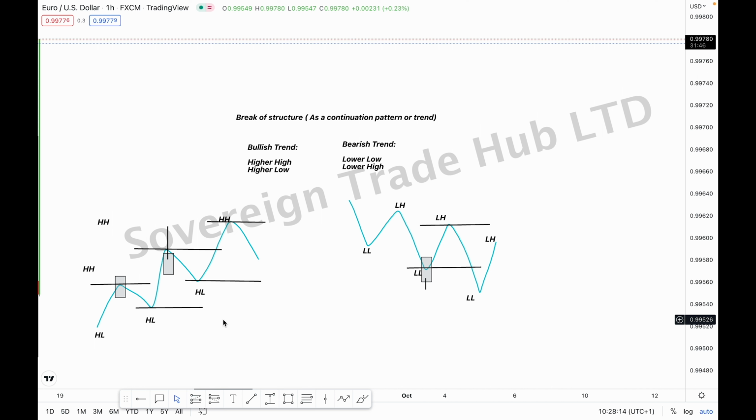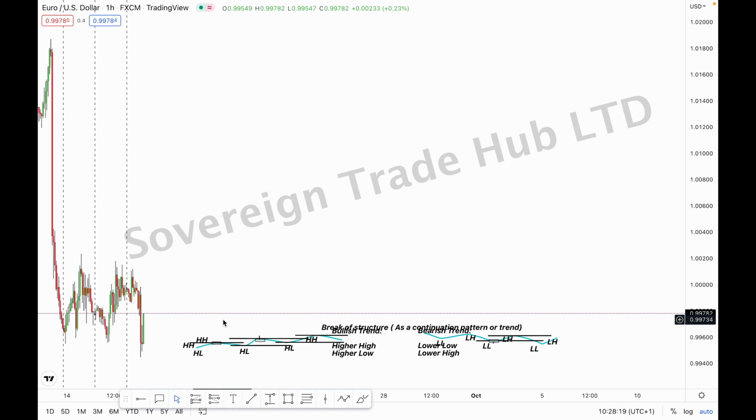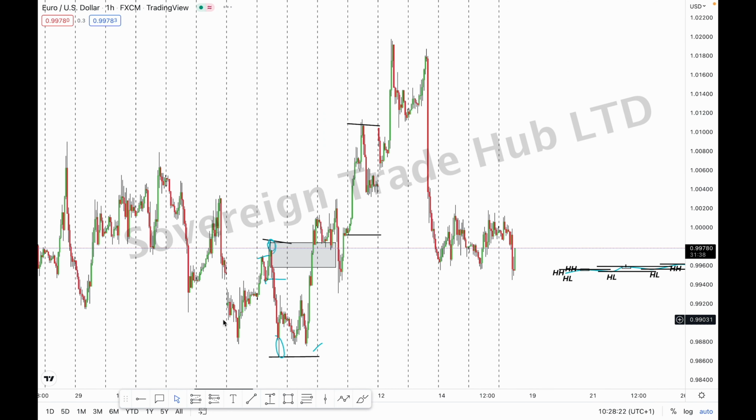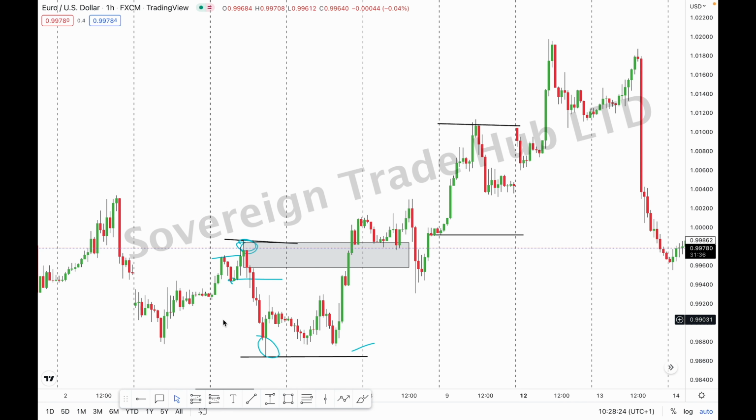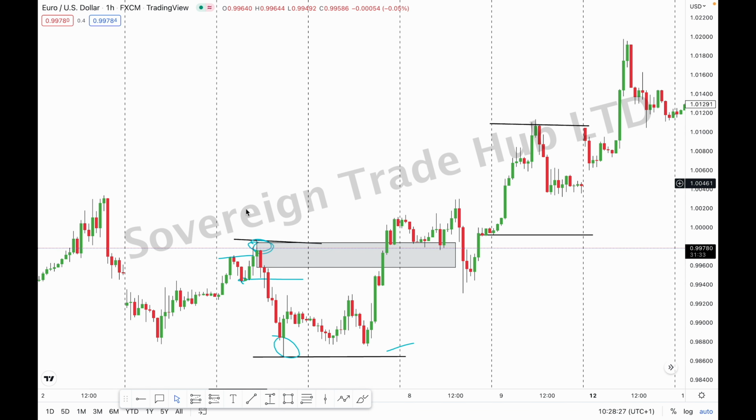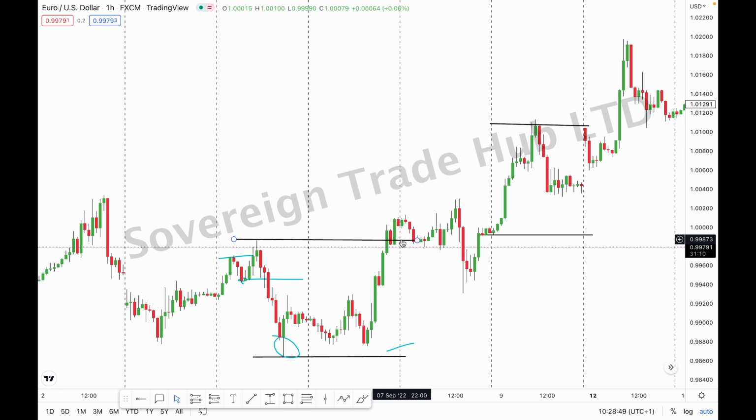So that being said, let's quickly look at the chart. I want this very concept I'm explaining in this module to be as short as possible. Now, looking at this chart, what do you notice here? Let me take this off so it will be clearer. I don't want to take everything off at once, so I'm taking it off one after the other. What do we notice here? This is a valid close above this level. The candle closed above it.